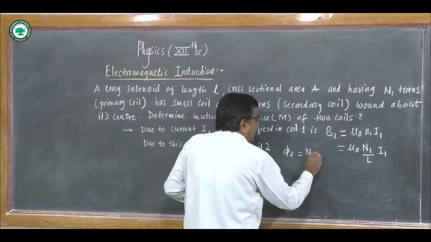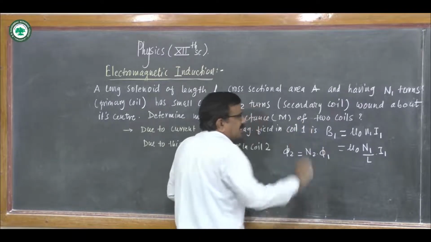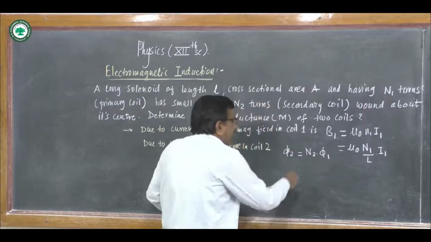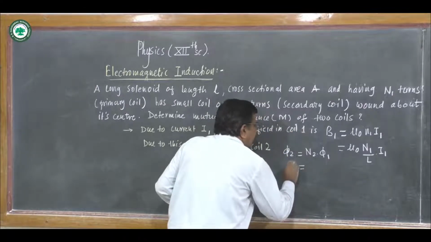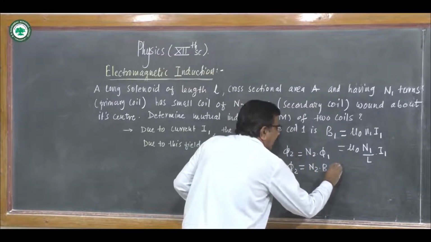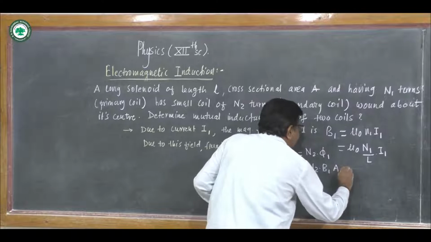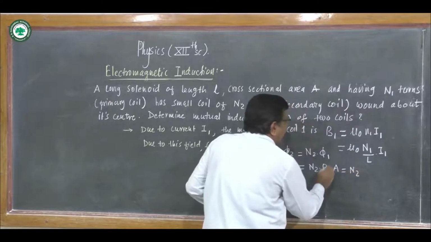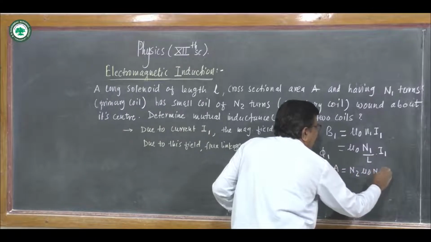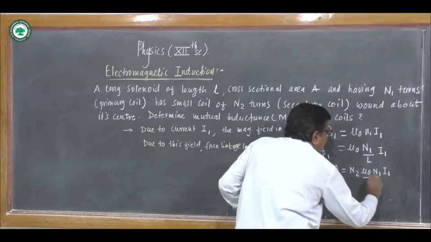We know this formula. But this phi 1 is B1 into A. So phi 2 is N2 B1 A, and B1 we know is mu 0 N1 I1 upon L.